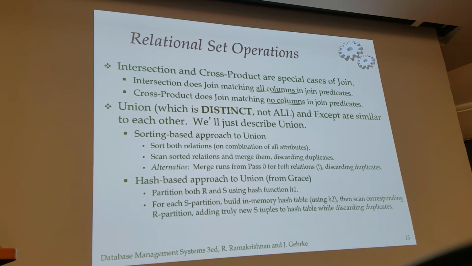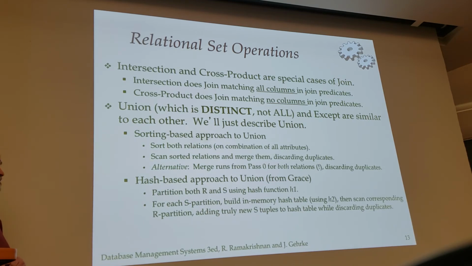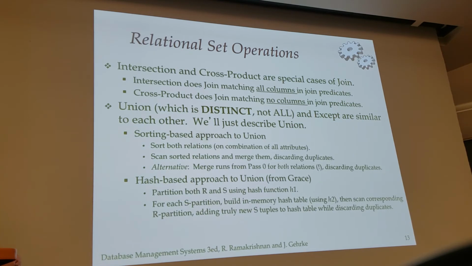You could also go ahead and use the Grace hash approach to get rid of duplicates. So you can do the same kind of thing: partition both R and S as we did with the Grace join using the hash function, and you end up building a table.